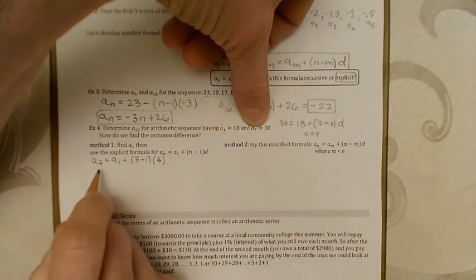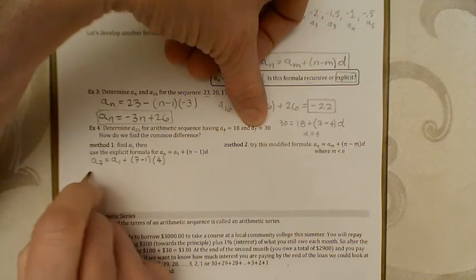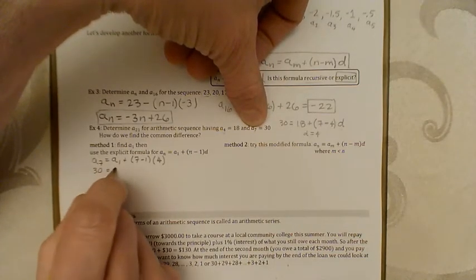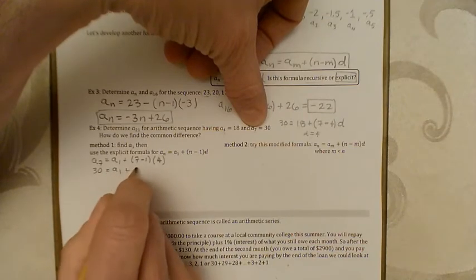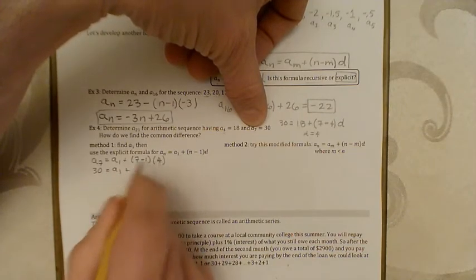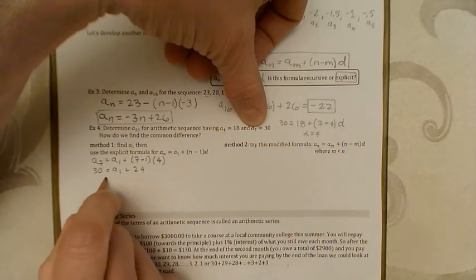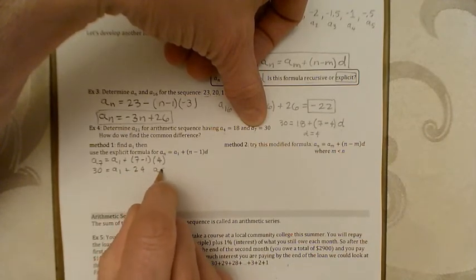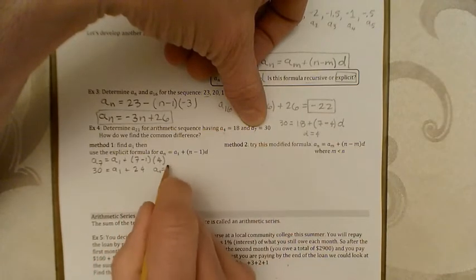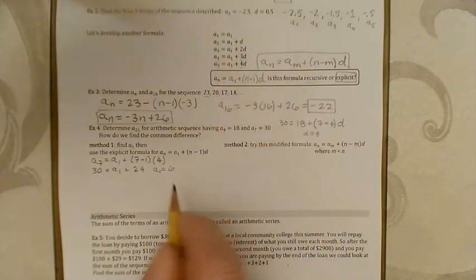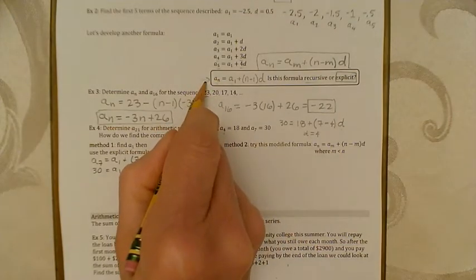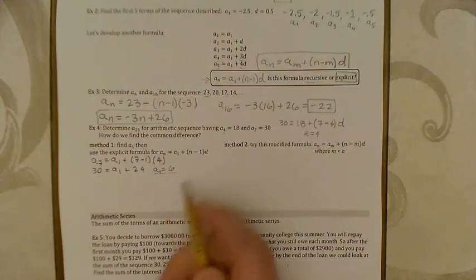All right, so plugging those values in that we know, 30 is equal to a sub 1 plus, that's 6 times 4, that's 24. And so we could subtract 24. And so a sub 1 could be found to be 6. So we could go back and find the very first term and then go ahead and use this formula here, the explicit formula. Certainly can do that.